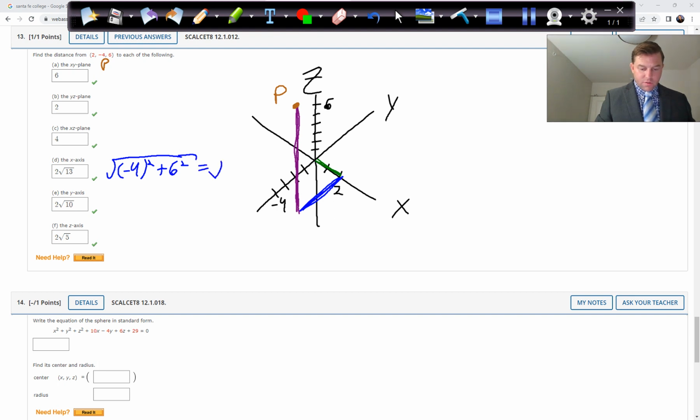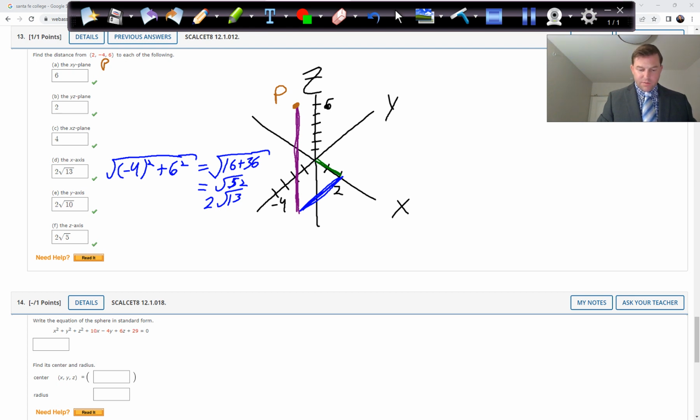Well, that's equal to the square root of 16 plus 36, which is the square root of 52, which turns out to be 2 square root 13. So it's the same as 4 times 13, and the 4 comes out as a 2. I probably used the wrong colors for this, but it'll be okay.